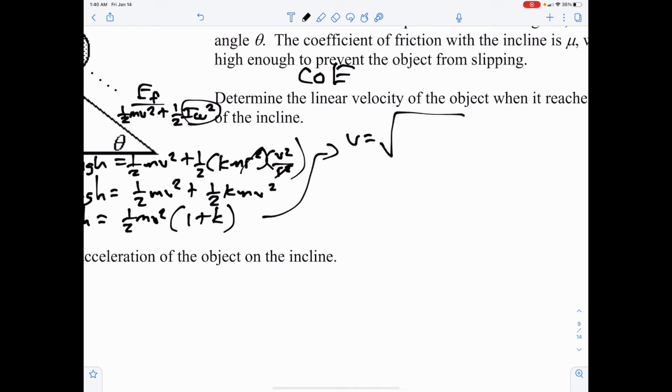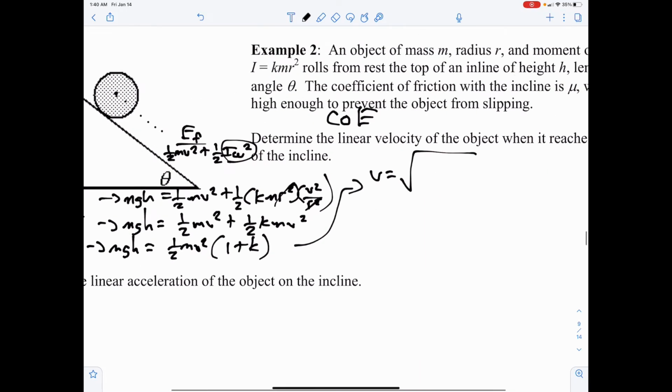is equal to the square root of 2 mgh. Oh, and the mass is canceled right there. So 2gh over the 1 plus k that you divide over both sides.